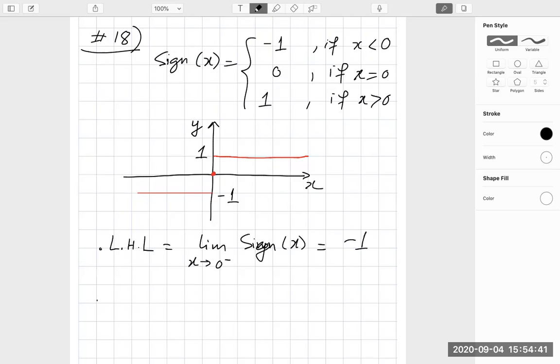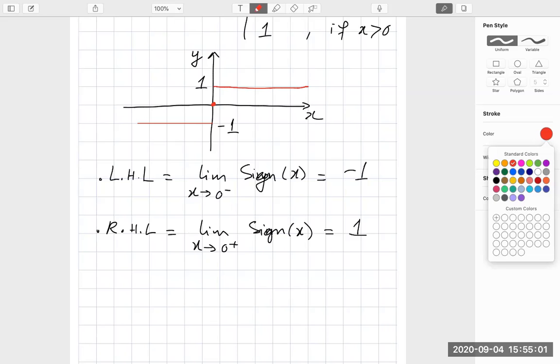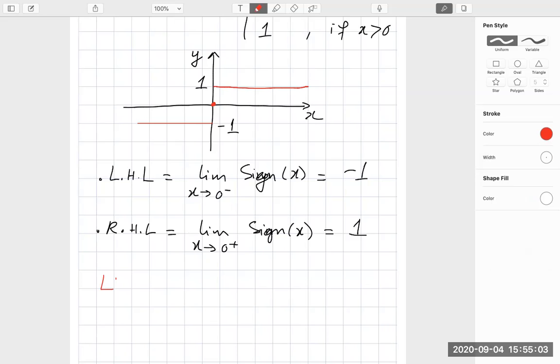And the right-hand limit when x approaches 0 from the right? 1. So we see that the left-hand limit is different from the right-hand limit.